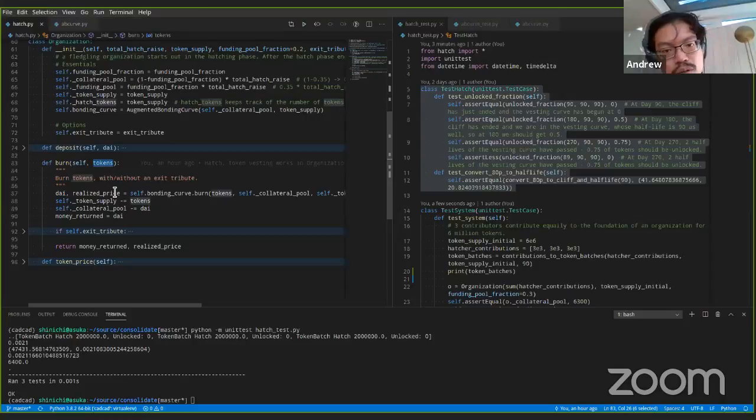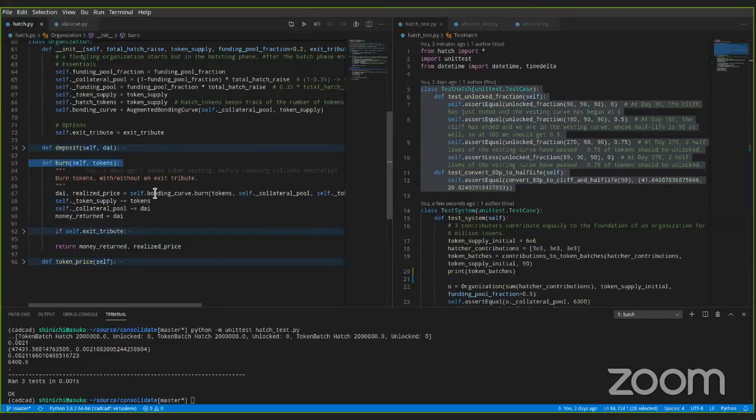It does not take a token batch, because the idea is that the code that's using this already validates whether or not the tokens can be burned, or how much of the token batch can be burnt. Basically, the code above is responsible for making sure that the token batch is unlocked, and these tokens can be burnt before you use this function here.